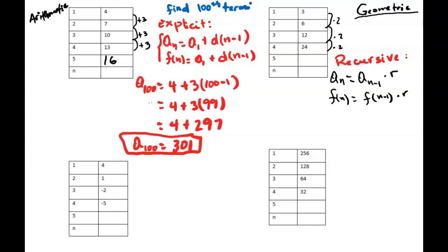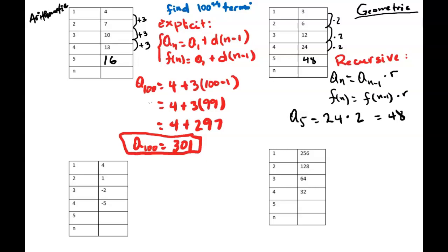The fifth term, a sub 5, equals the previous term, which is term 4, which is 24, times the common ratio 2. 24 times 2 is 48. So here we got the fifth term equals 48.